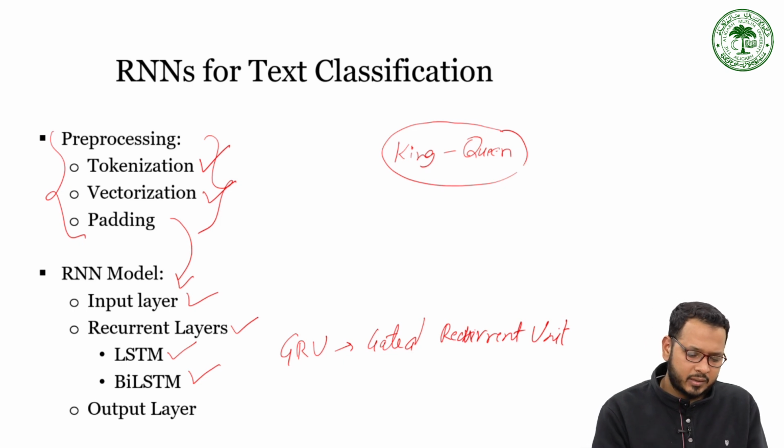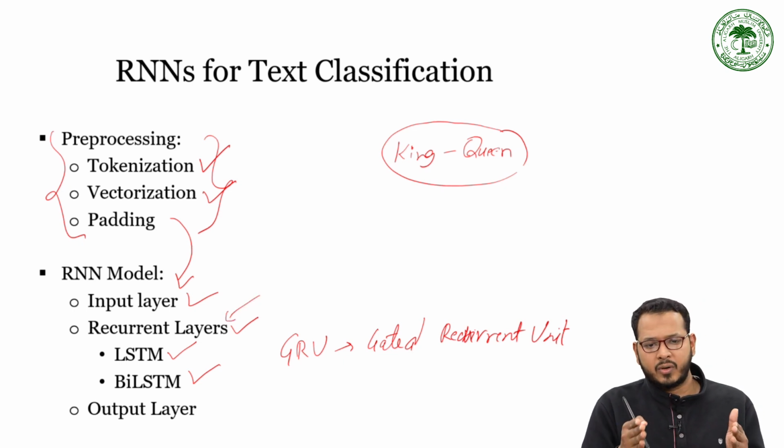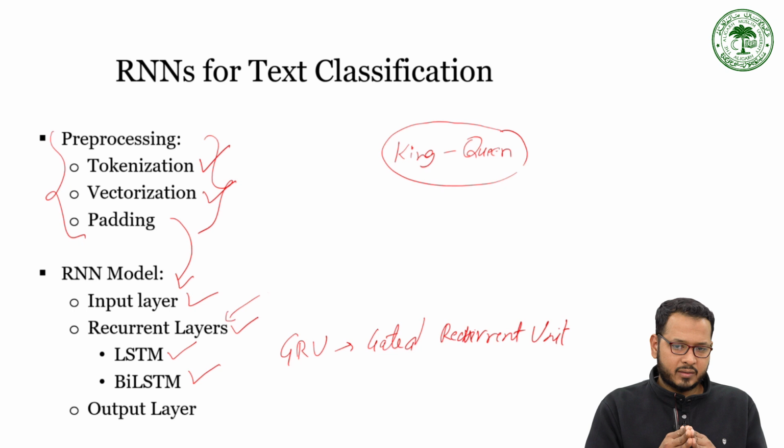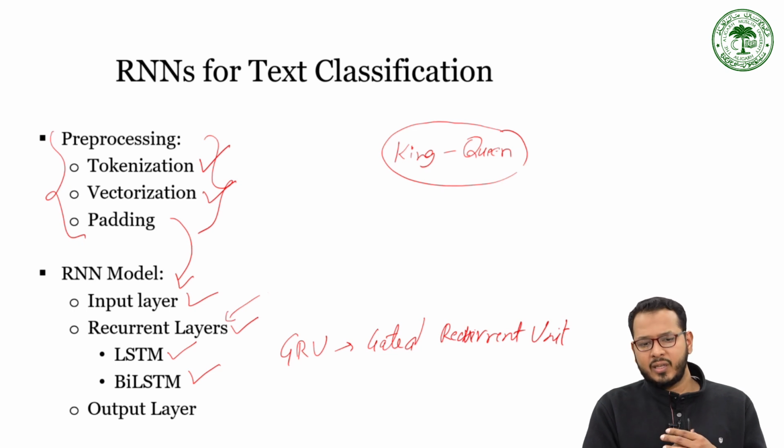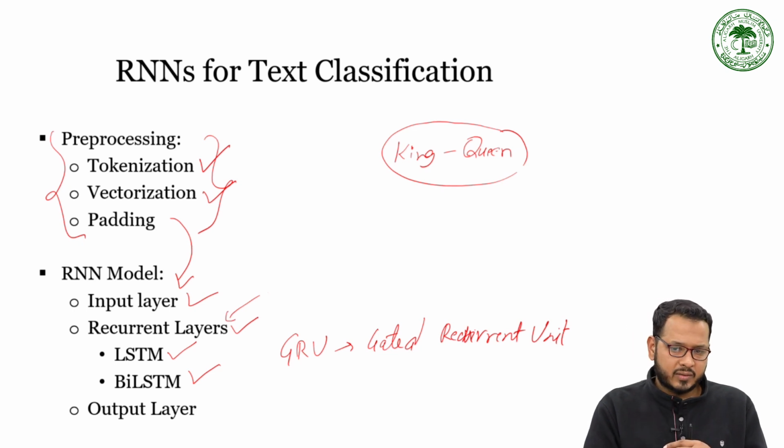Like in the initial types of recurrent layers, there is a problem called the long-term dependency problem. That is, if the previous state that is influencing the current prediction is not in the recent past, then the RNN model may not be able to accurately predict the current state.